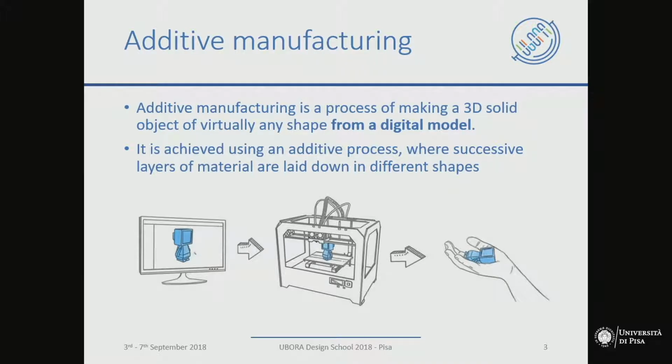You need to have a digital model on your computer that can have the shape that you like, with very few constraints with respect to the other technologies. And the other key point is that the material is laid down layer by layer. So: digital model, any shape, layer by layer.